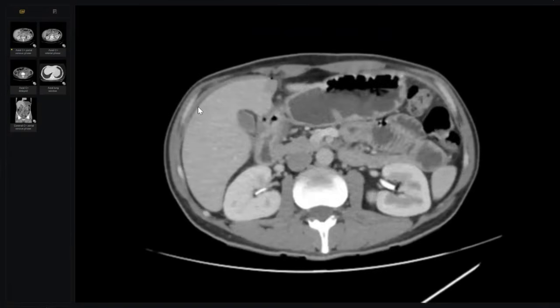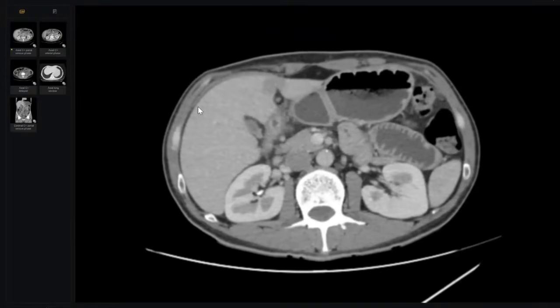What does it mean for you? On delayed image there is no lesion, so it could be a hypo-enhancing lesion. Does this mean abscess infection because we have some perforation?